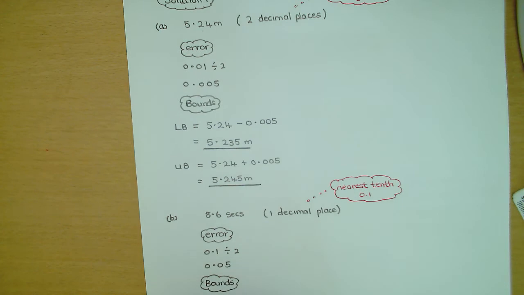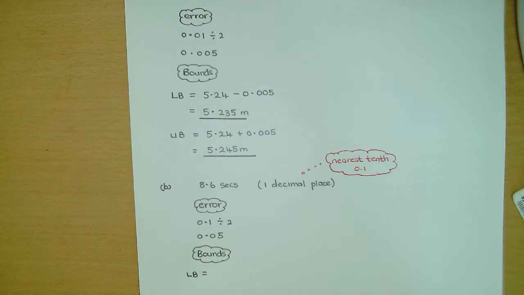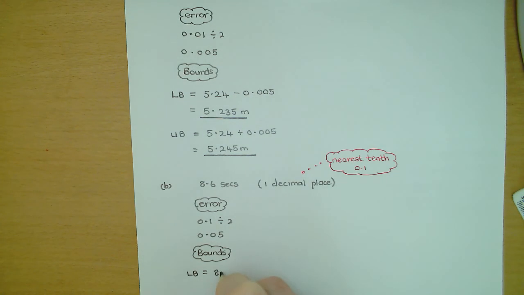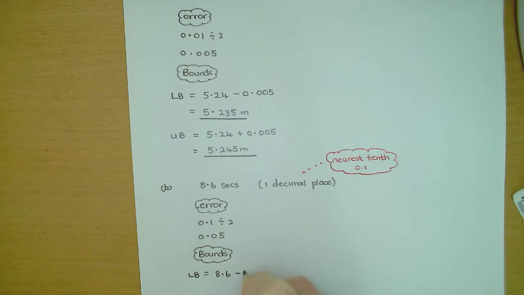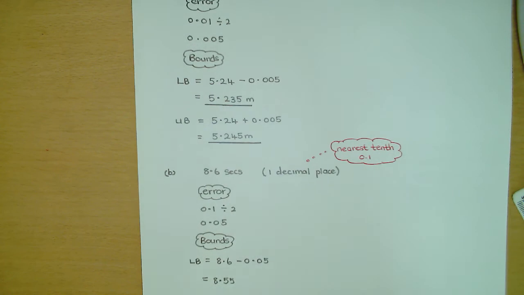So, to get our lower bound, we take our rounded value and we subtract the error. So 8.6 subtract 0.05. So that's going to give us 8.55, and that's going to be seconds.